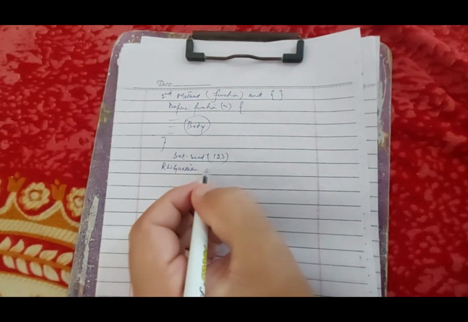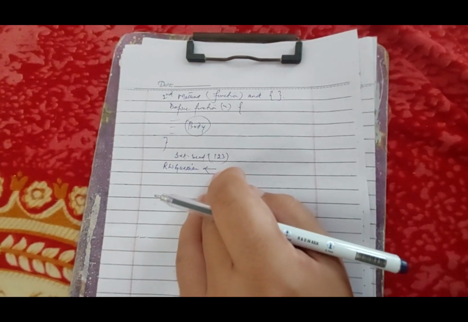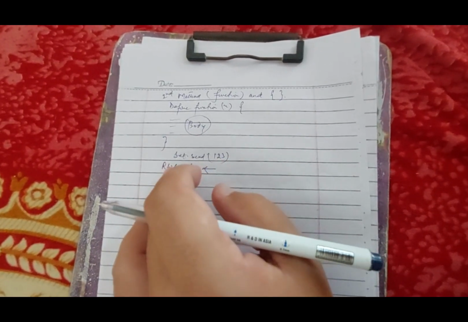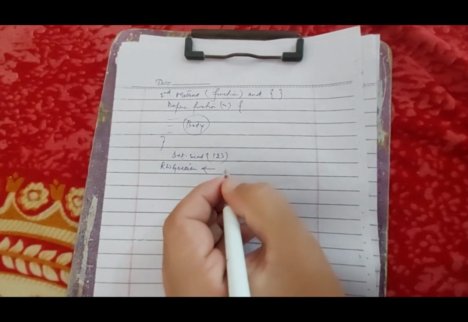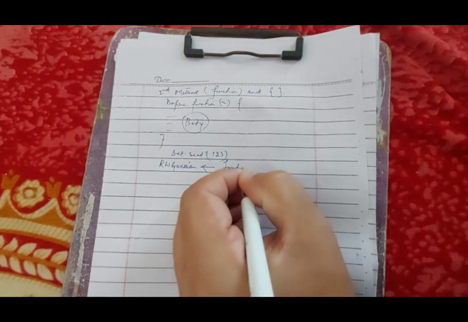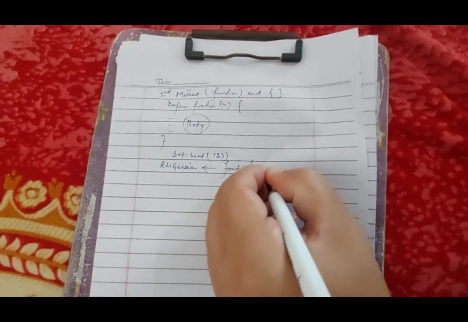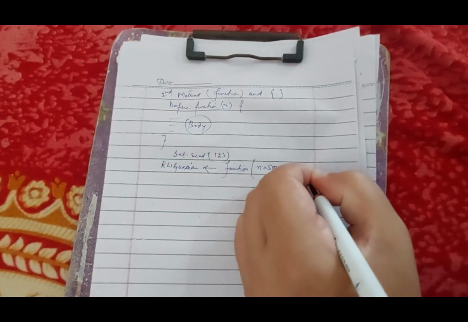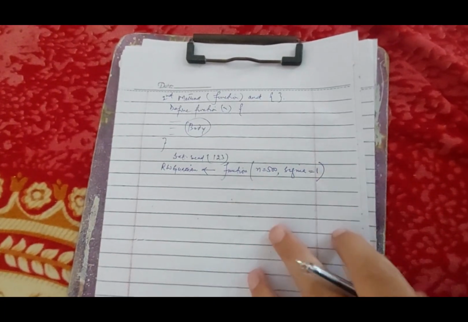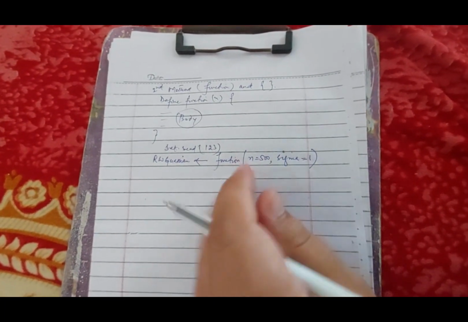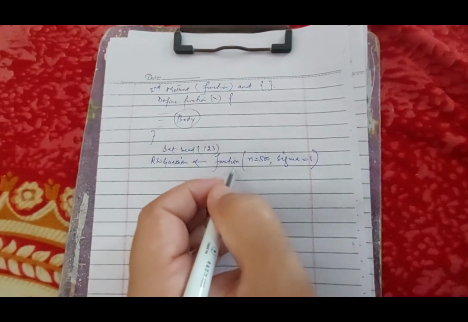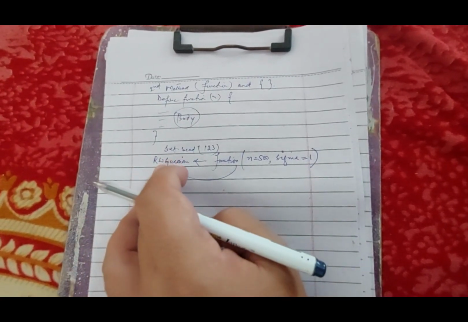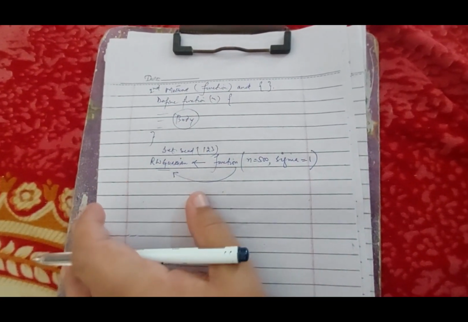This is the function that I select. I assign the value of this function, where n is 500 and sigma is equal to 1, to this variable rw Gaussian.